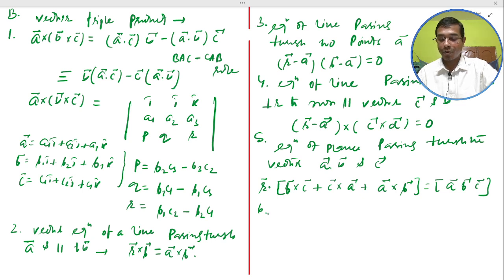Number 6. Equation of plane passing through point A and perpendicular to N. These all are important.